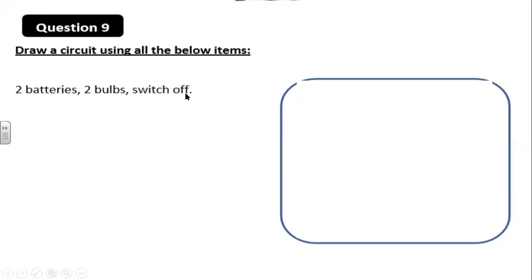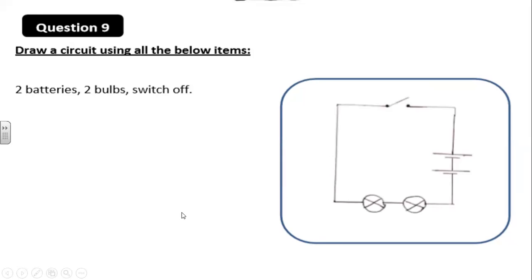The switch off. Will the ends be touching each other or away from each other? Away from each other. Very good. So it should look this way. You have the switch off, the 2 batteries, and the 2 bulbs. Can you see it? Yeah.